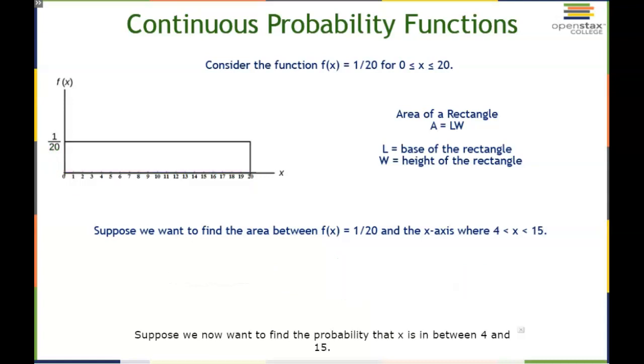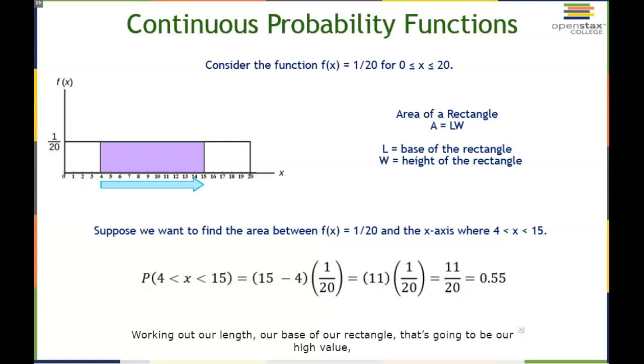Suppose we now want to find the probability that x is in between 4 and 15. So we want to find the area. Our function is still the same, 1/20th, but we only want the area between 4 and 15. Let's find the probability.